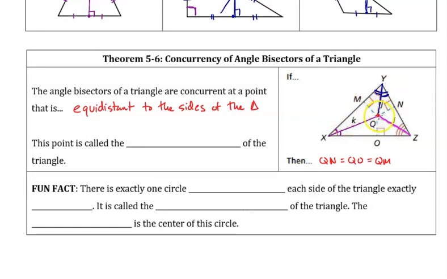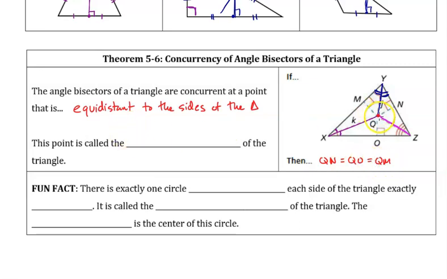So the length of that segment would represent how far away Q is from segment XY. So according to this theorem, point Q, which is the point of concurrency for the angle bisectors, would be the same distance away from all three sides. So in our picture here, QN would be equal to QO, would be equal to QM.